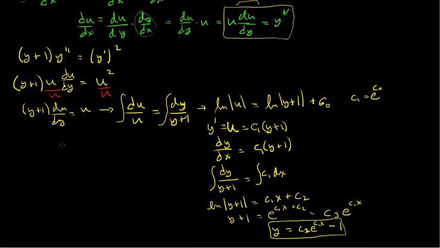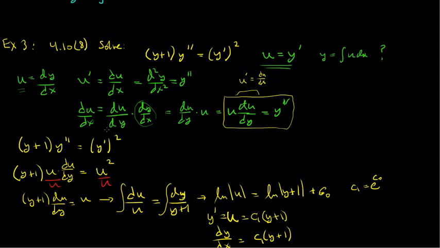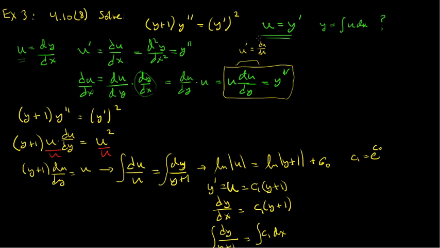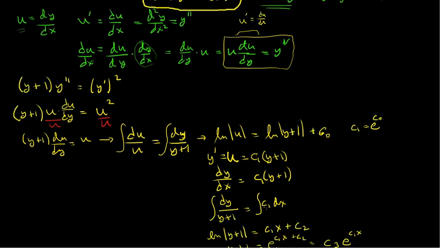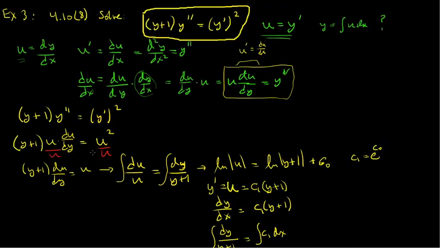Okay, so let's go back to the original equation here. This is the equation we were trying to solve, and let me write it over here so we can see that better, this should be the solution. So y as a function of x is just c2 e to the c1 x minus 1.